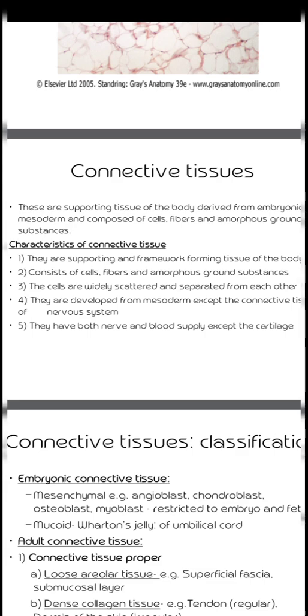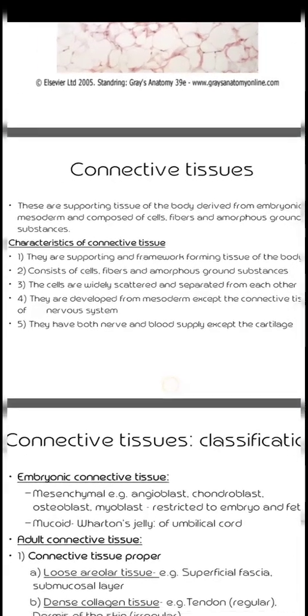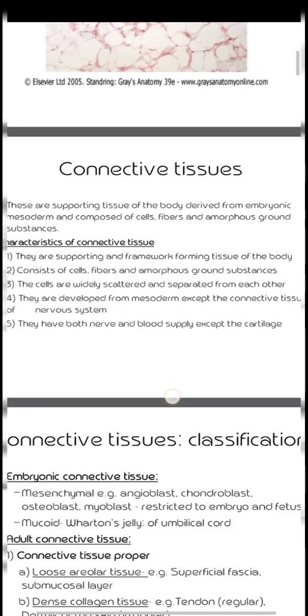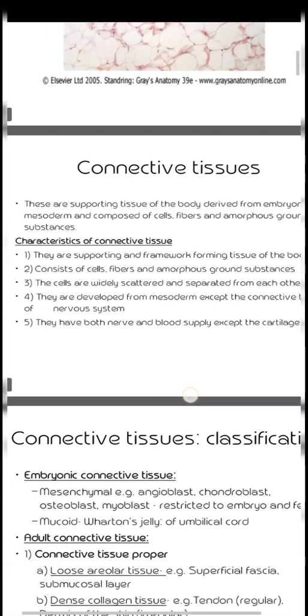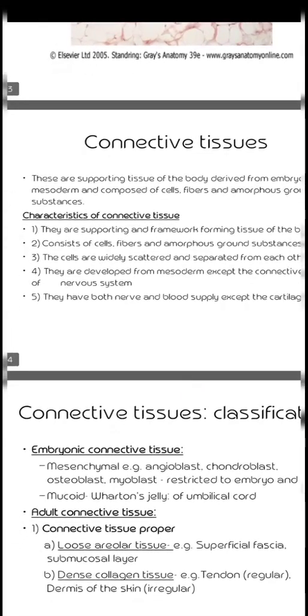Epithelial cells may be derived from endoderm, mesoderm, or ectoderm, based on the organ which they cover. All of the connective tissues are derived from mesoderm. You must remember it. It is a very important question of embryology. So these are derived from mesoderm and are composed of cells, fibers, and amorphous ground substance.